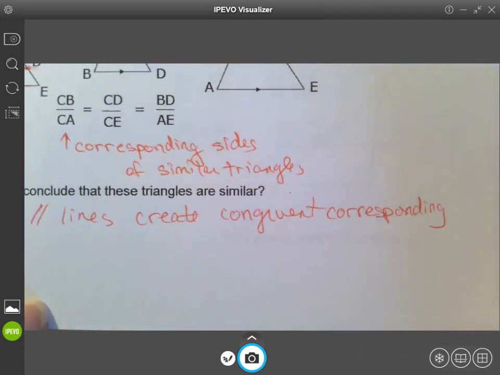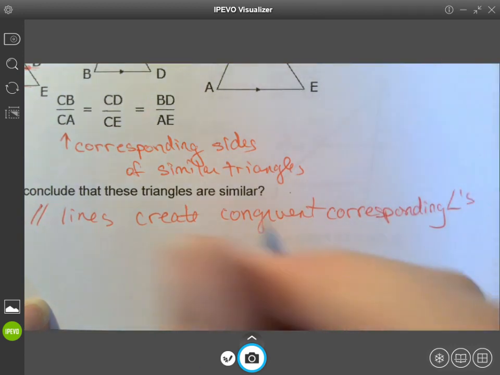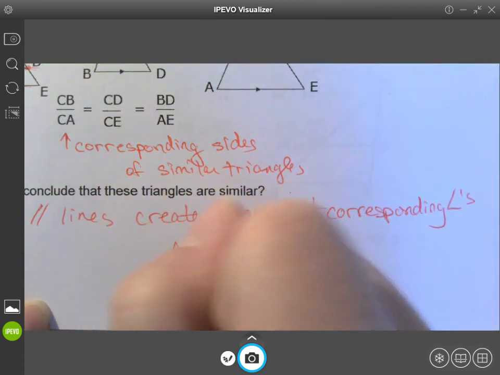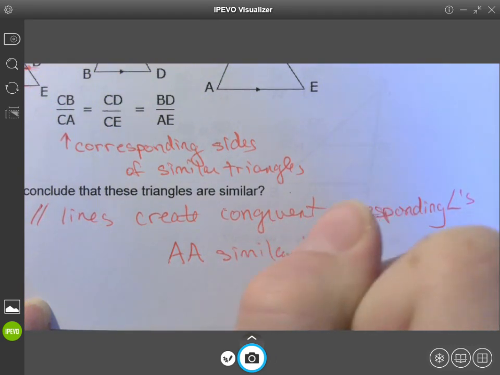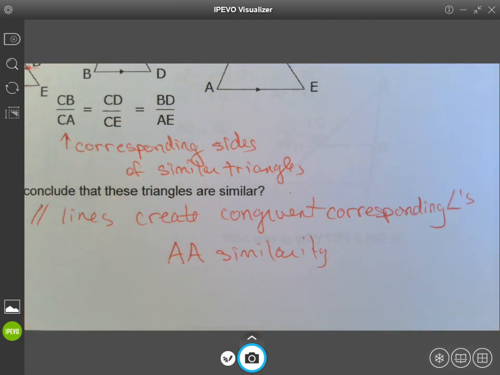And we use the angle similarity statement. All right, so parallel lines create corresponding angles that are congruent, and we know they're similar by angle. All right, so when you're done with that, flip it over.